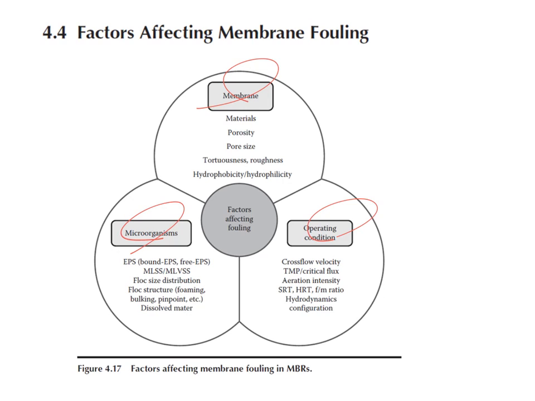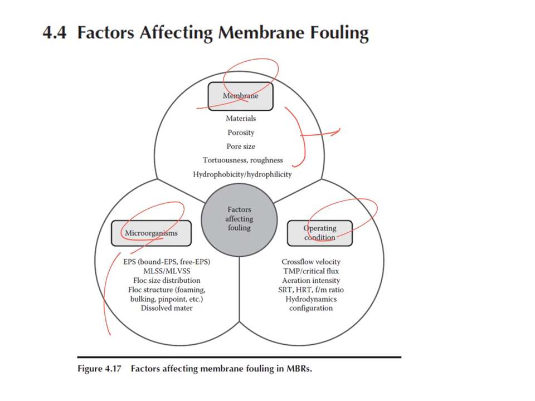If we have materials that can attract the foulant, we'll see very serious membrane fouling. Membrane pore size, porosity, roughness, tortuosity, and hydrophilicity or hydrophobicity, all these properties influence the fouling propensity.